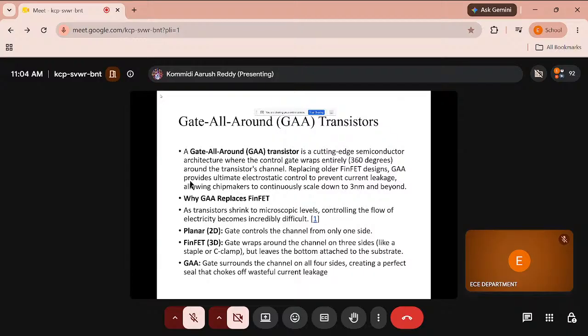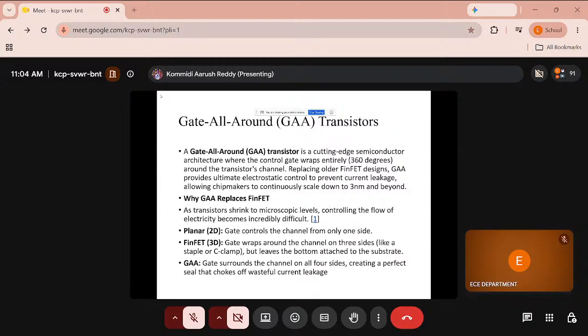Whereas in the case of gate-all-around transistor fabrication technology, it surrounds the channel on all four sides and creates a perfect shape in order to reduce the current leakage. Because whatever transistors or ICs you are fabricating, silicon has four valence electrons, so we have to control all the valency forms.